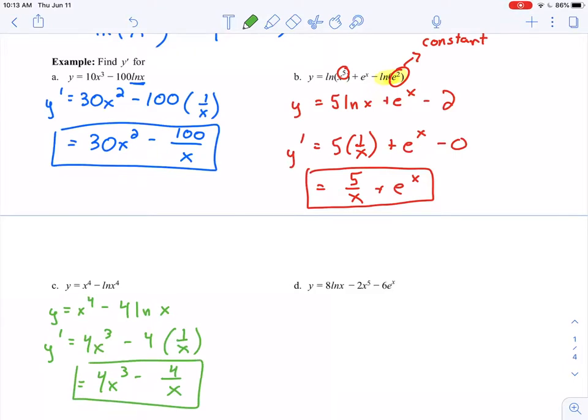Let's see, lastly right here, y equals 8 natural log of x minus 2x to the fifth minus 6e to the x. Doesn't look like I need to rewrite anything here. I can just hop in and take the derivative. So y prime will be 8 times derivative of natural log of x, that's 1 over x, minus 10x to the fourth, minus derivative of 6e to the x.